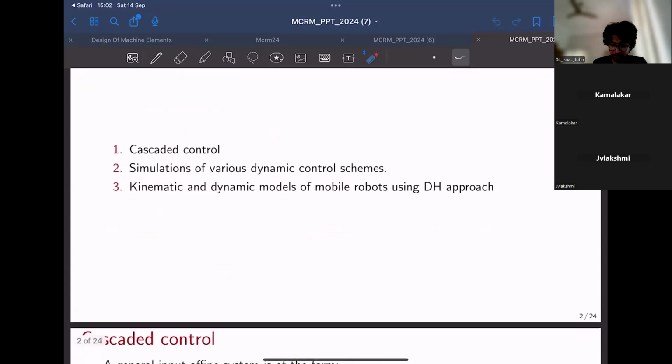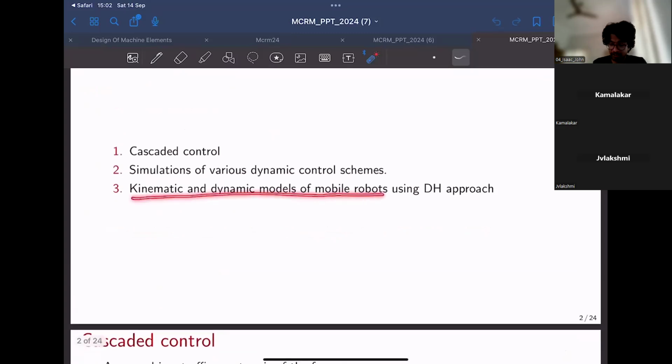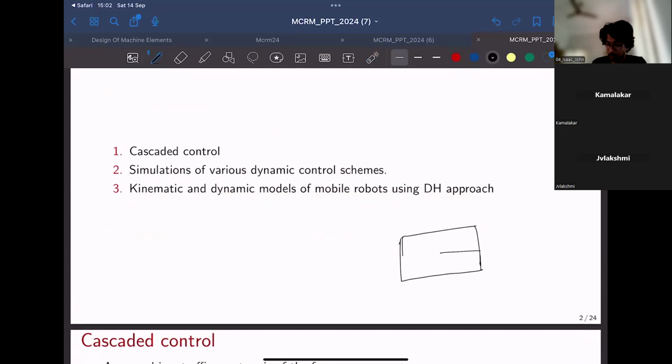Here, just to give a brief idea, in case of a mobile robot, you probably don't have physical joints and physical links. What we have in effect is just a mobile base, which has 3 degrees of freedom: one along the x-axis, one along the y-axis, and one rotation about the vertical z-axis. The way we assign these DH parameters is that we always have a global fixed reference frame.